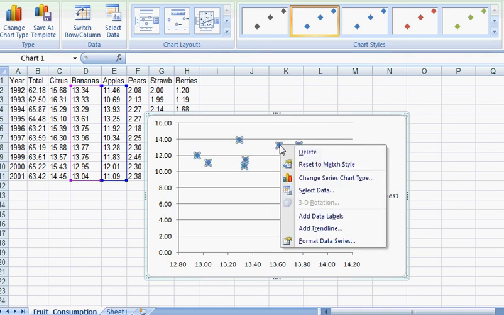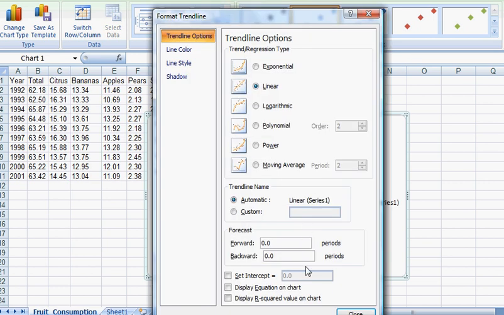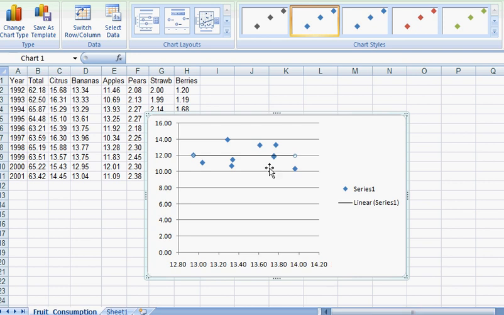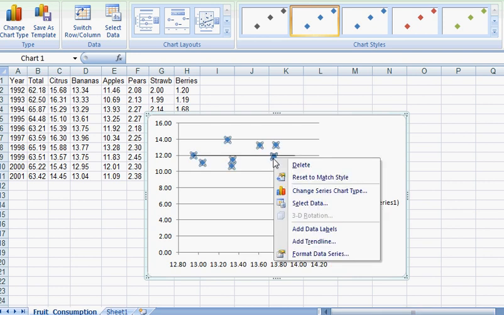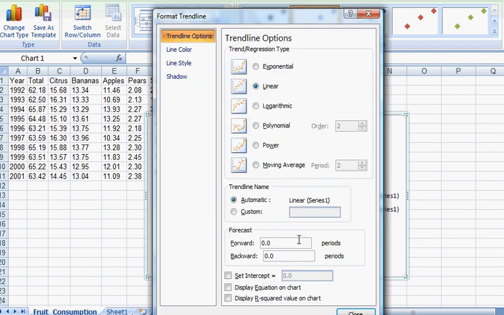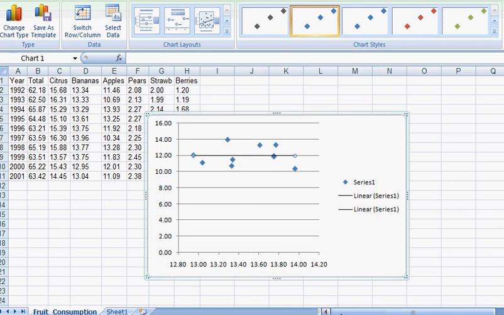Again, let's put in a trend line. Add trend line. Anyway, oh yes, there it is.